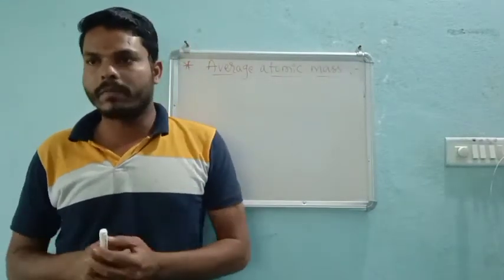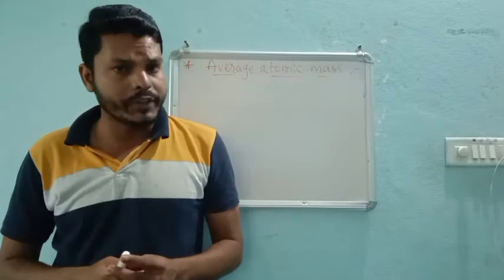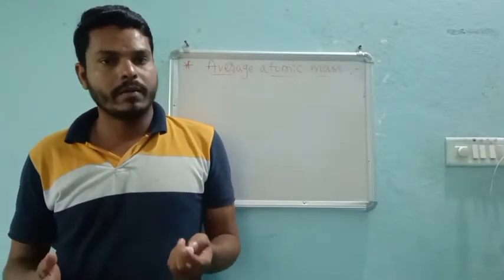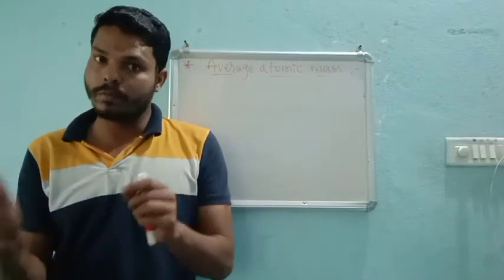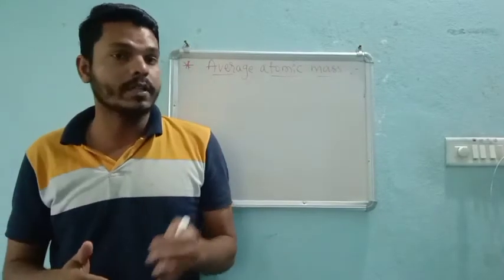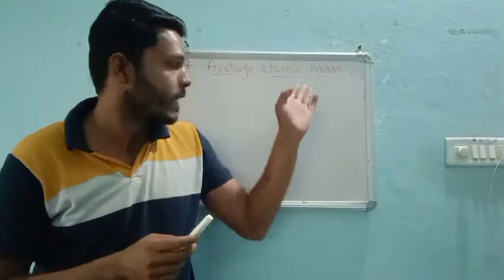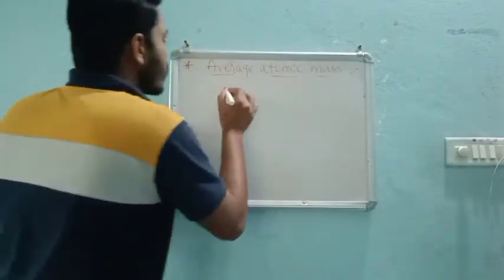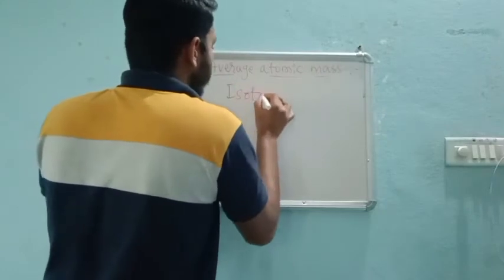See here, in our nature, there are many atoms. You just go through the book, and you come to know what average atomic mass is. Many atoms show isotopic forms. Very important.